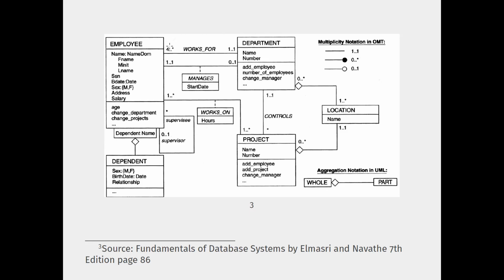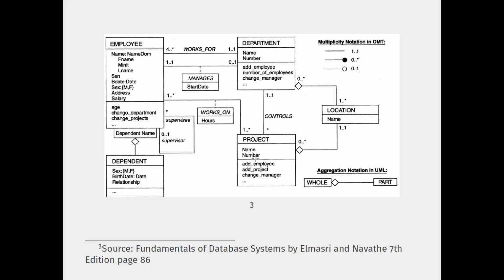Basically, it should be read as 1 or more compared to the previous one. Likewise, a department can control many projects, and a project can be controlled from one department. So that's how we should read it.